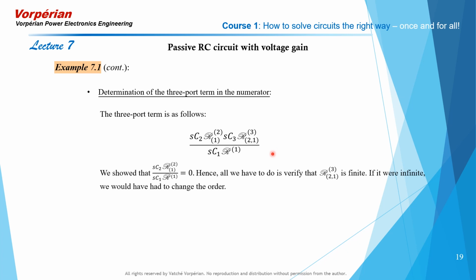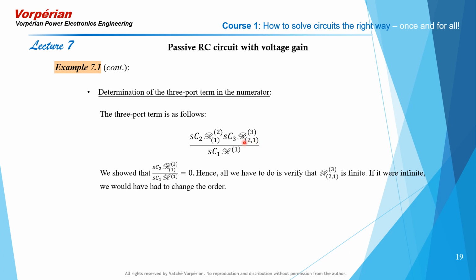We have already shown that the first portion of this expression, SC2 script R21 divided by SC1 script R1, is 0. And we may be tempted to say that this term must disappear because it is multiplying a 0. But that is not the case.